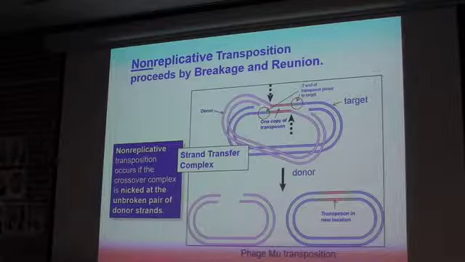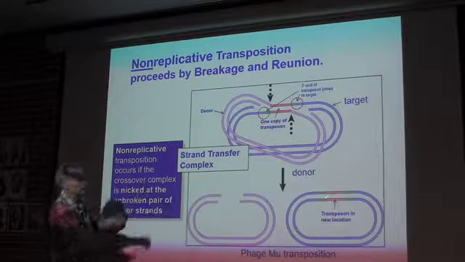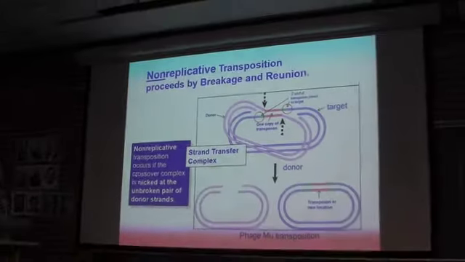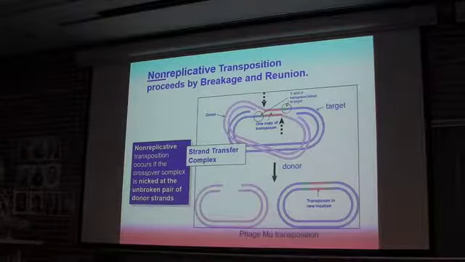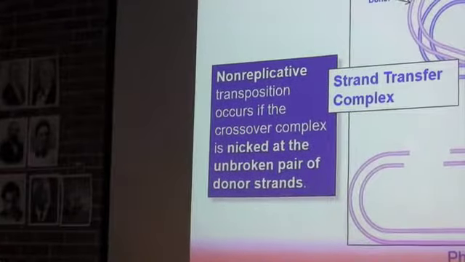And then the second cut occurs on the remaining strand of the donor, and that second cut is what frees it up so that you end up with a big hole in the donor and transposition of the transposon in one copy. Non-replicative transposition occurs if the crossover complex is nicked at the unbroken pair of donor strands.